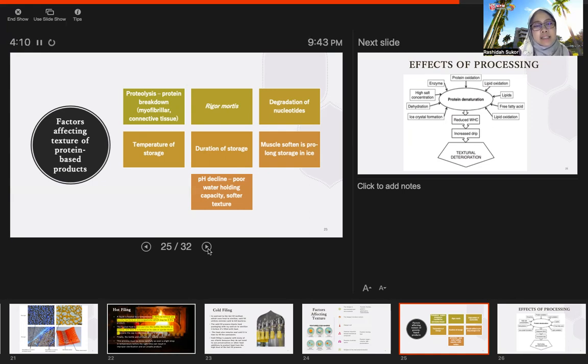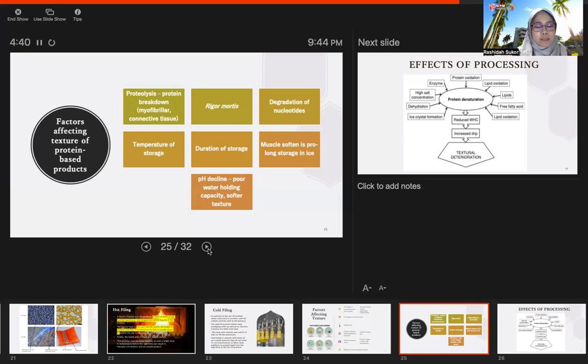So, proteolysis, what does proteolysis mean? Lysis is the breaking down. If it's lipolysis, it's breaking down of the lipid. So proteolysis is the breaking down of the protein. We know that protein is made up of myofibrillar and connective tissues. Proteins are very important structural components of animals and plants.